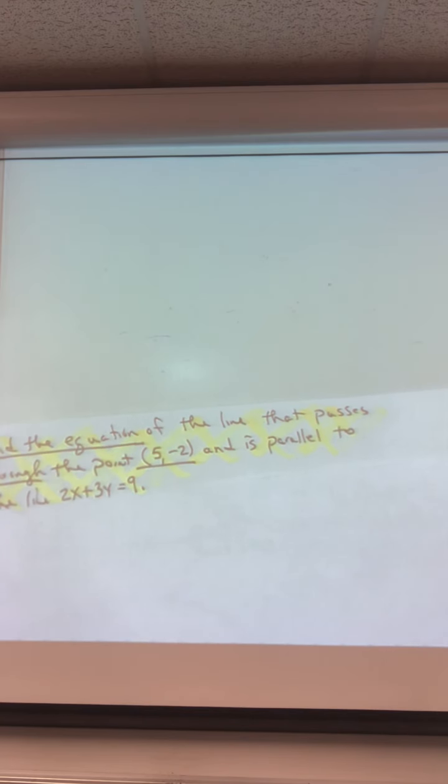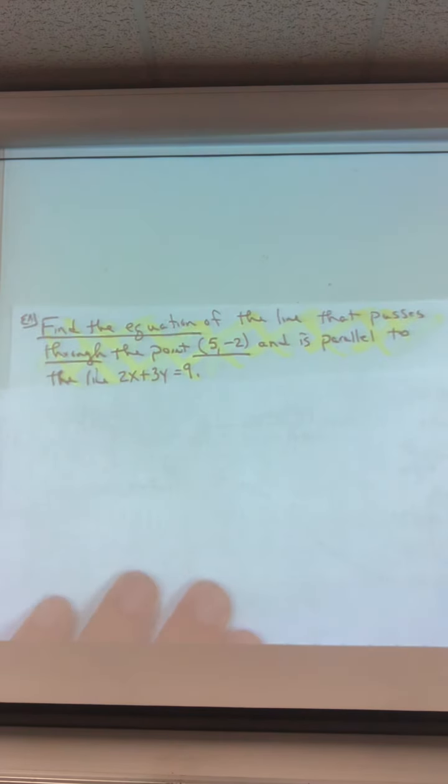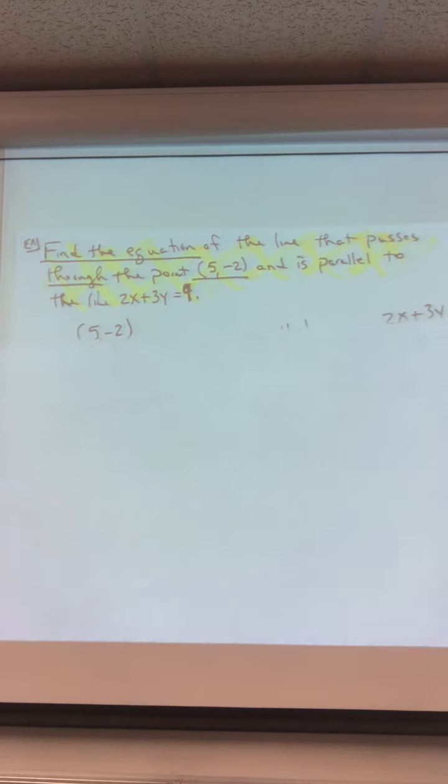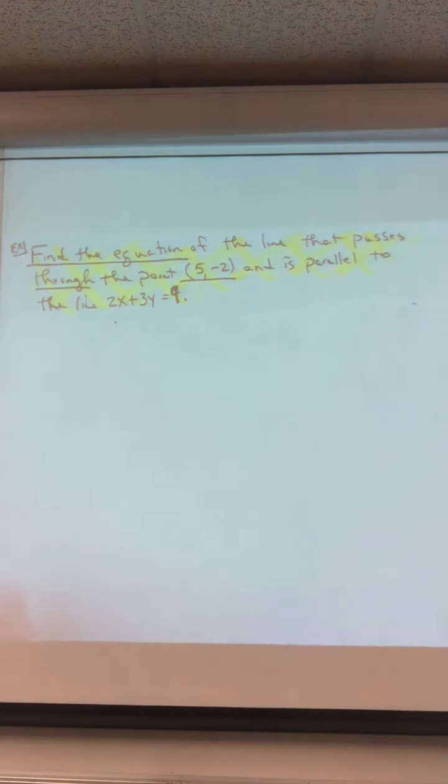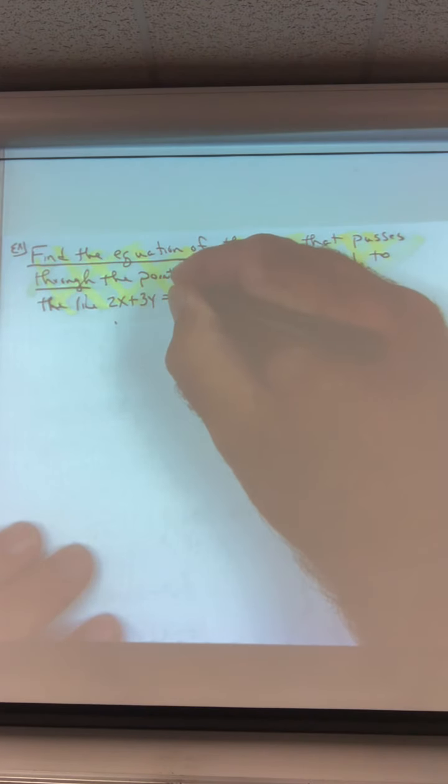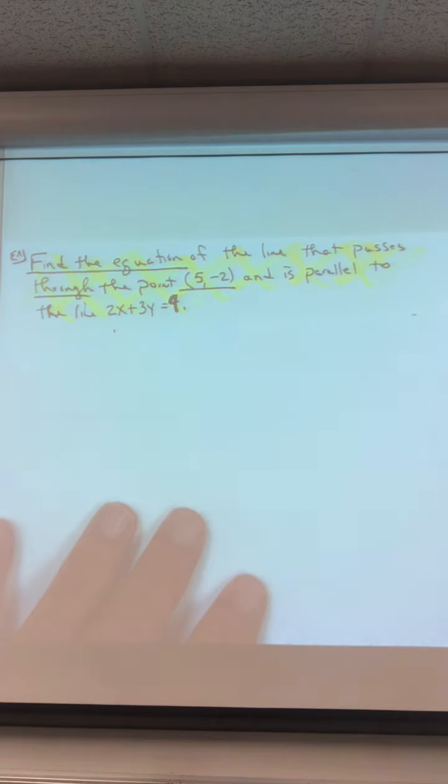Find the equation of the line that passes through the point (5, -2) and is parallel to the line, and then write this down: 2x + 3y = 9.